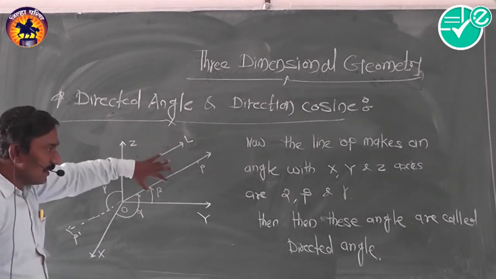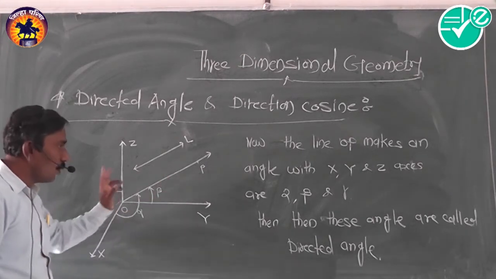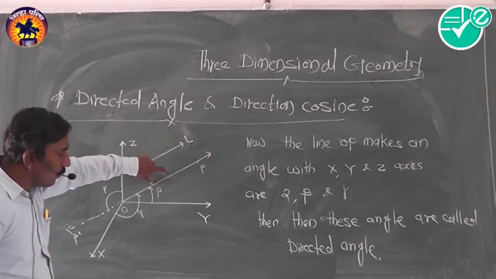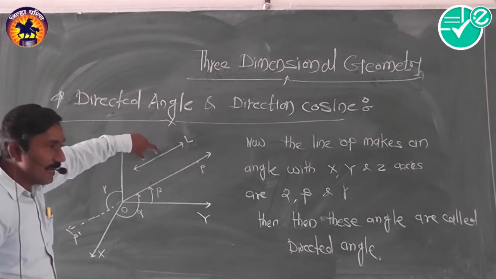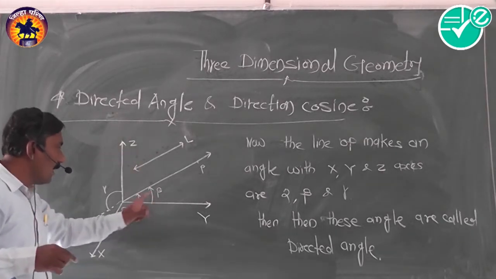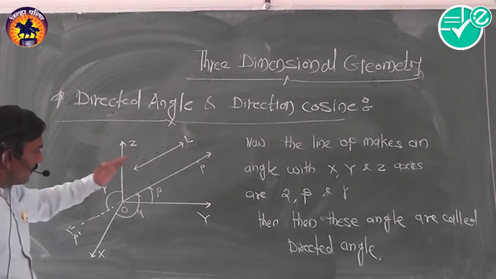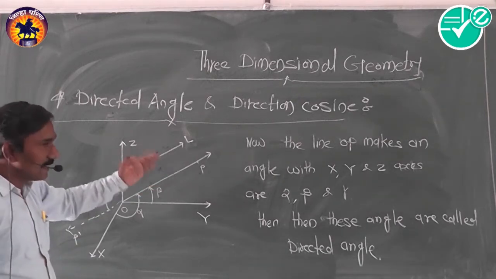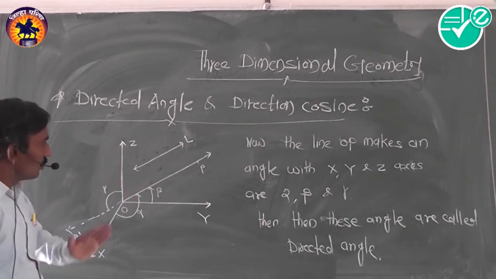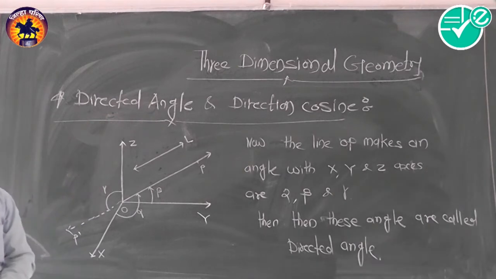Similarly, OP makes angles alpha, beta, gamma with x, y, z axis, and since L is a line parallel to OP, that L line also makes the angles alpha, beta, gamma with the axes. Any line parallel to OP also makes the angles alpha, beta, gamma. So these are called directed angles.